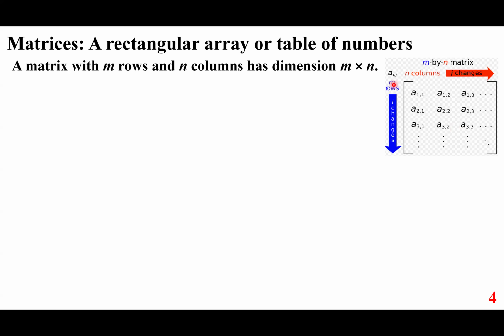So 1, 2, 3, and going down m rows, now columns, one column, second, third, all the way n columns. And notice, for example, this is A11. In general, Aij, i represents the number of which row, and j represents the column.